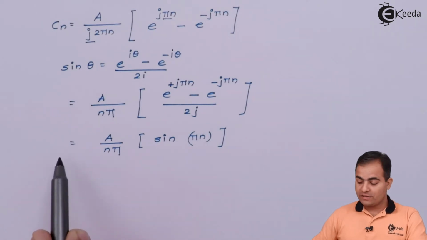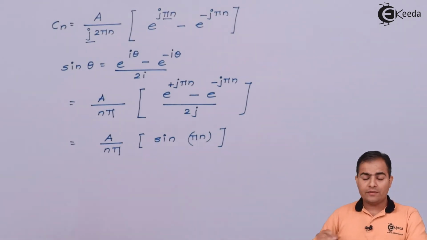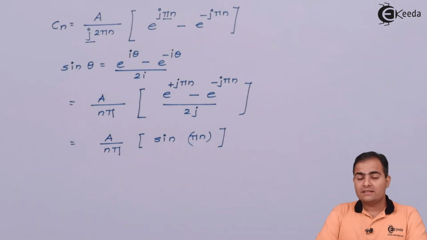My Cn value is now A upon n pi sine pi n. We have studied one formula, sinc x. What is the formula? Sinc x is nothing but sin x by x. If we divide sin theta by theta, then the formula becomes sinc x, or sampling function of theta.